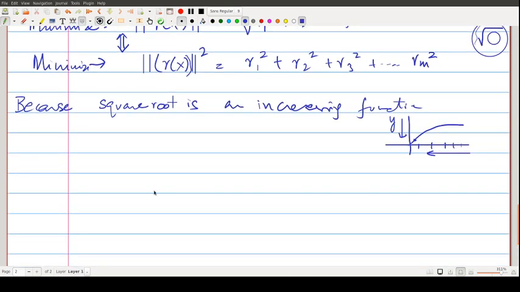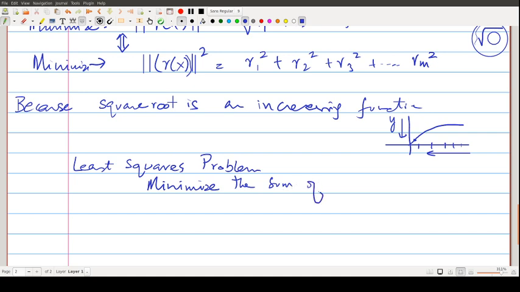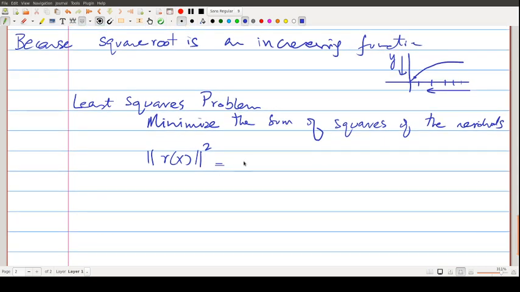So this is called the least squares problem. The least squares problem states that we want to minimize the sum of squares of the residuals. So I want to minimize this little entity here, that is r1 squared plus r2 squared plus dot dot dot rm squared.